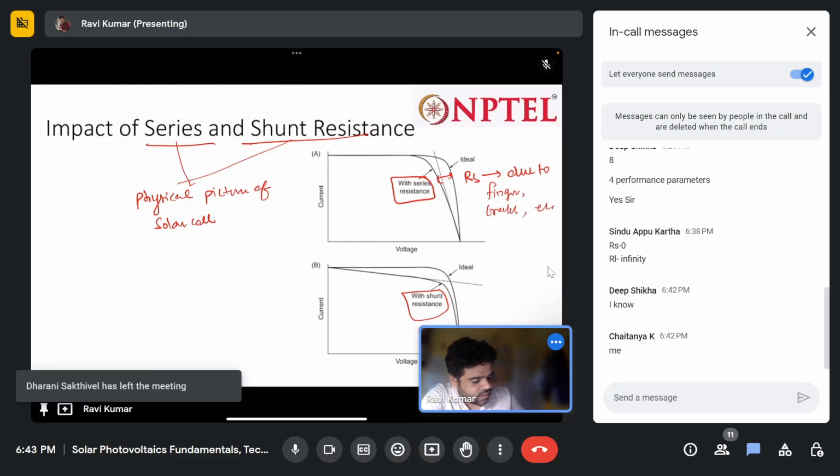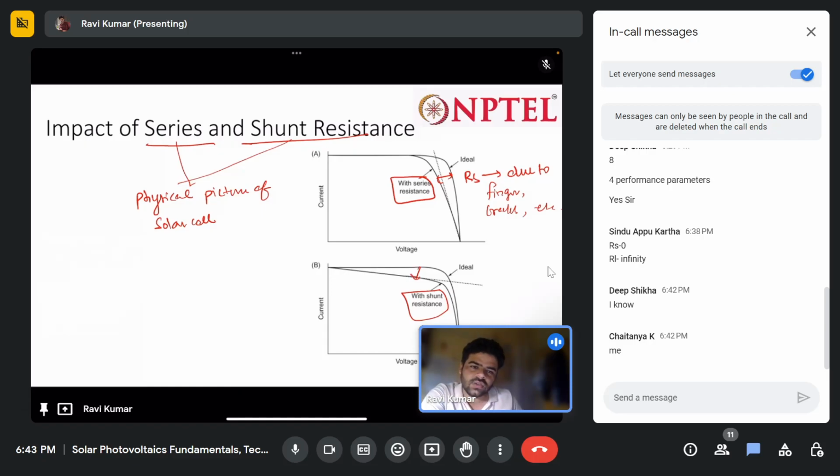And here, if the phenomenon is like this on the IV curve, then we will see this is due to a short circuit inside the solar cell. So this slide is only to know the impact of RS and RSH, at which part of the IV curve the impact of RS and RSH can be seen.